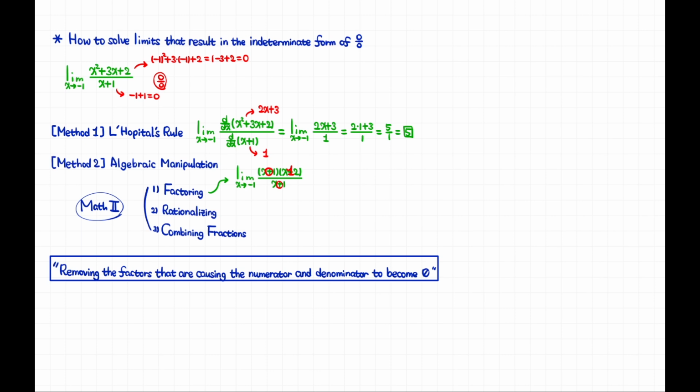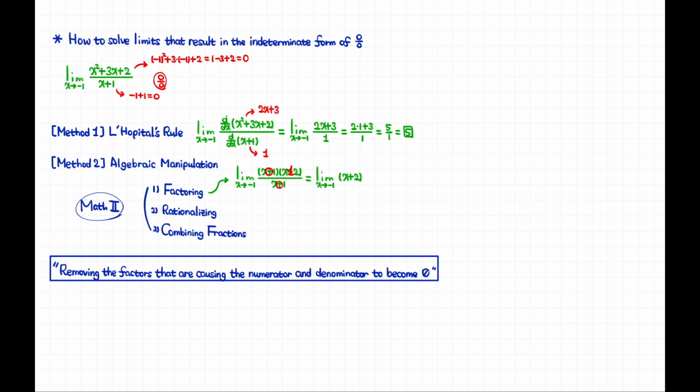So now, what do we do? We can cancel out that common factor from both the numerator and denominator. It's just basically canceling out x plus 1. So once we do that, it's just like this, right?